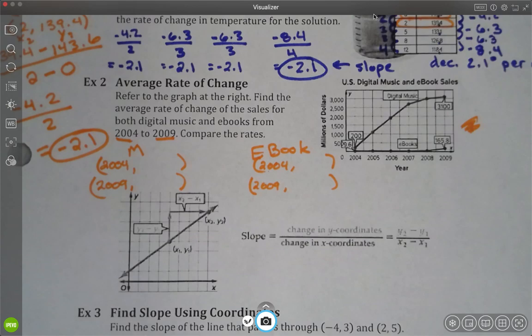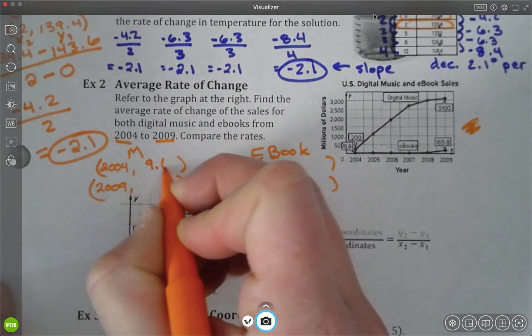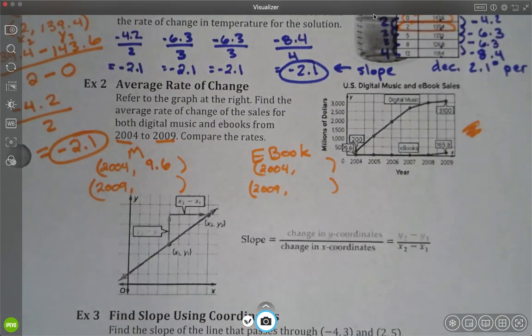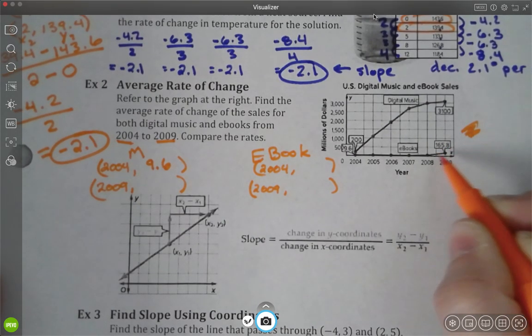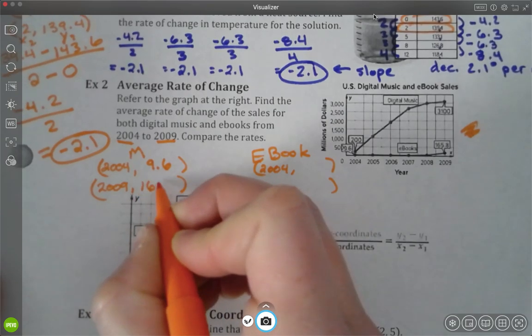Okay? So 2004, which one is ebook, by the way? The bottom one is ebook, okay? So where is it at in 2004? 9.6. So in 2004, we're going to put 9.6. Okay? In 2009, what is it at? That's this guy right over here. 2009. 165.8.